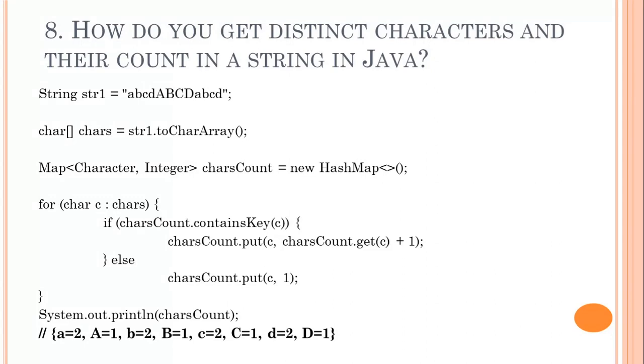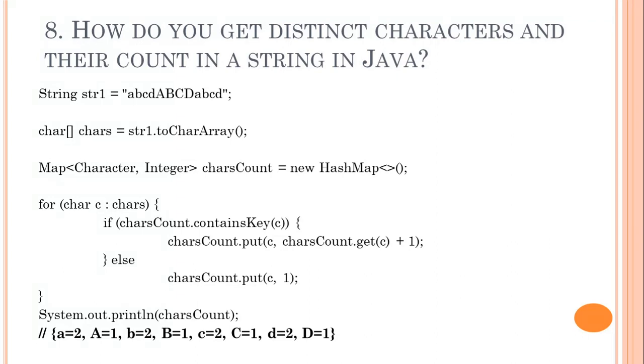If the map already has the character a with a count of one, then when a comes again, it will check that count, which is one. For example, with a, b, c, d, we already have a1. When small a comes again, it checks that the count is already one, so it will increment it to two and store it. If it goes to the else, it will store the count as one only.